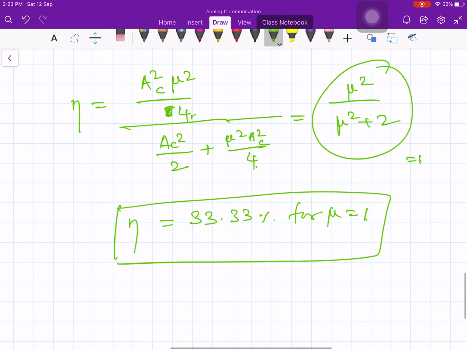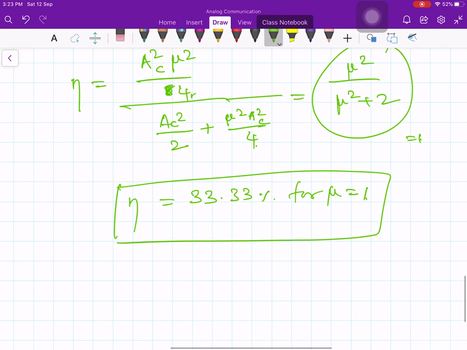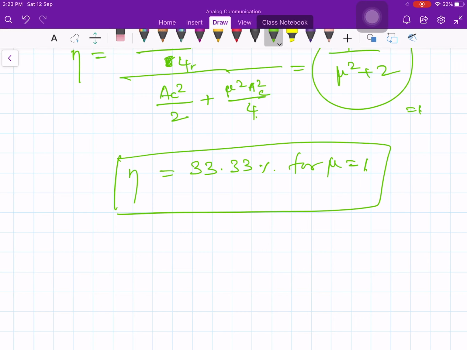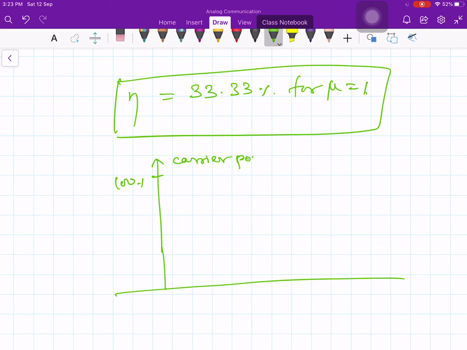If you want to plot this power efficiency in the form of a picture as a function of mu, it looks as follows. So let's say this is maximum 100%, carrier power. Okay, when mu is equal to 0, that means what?